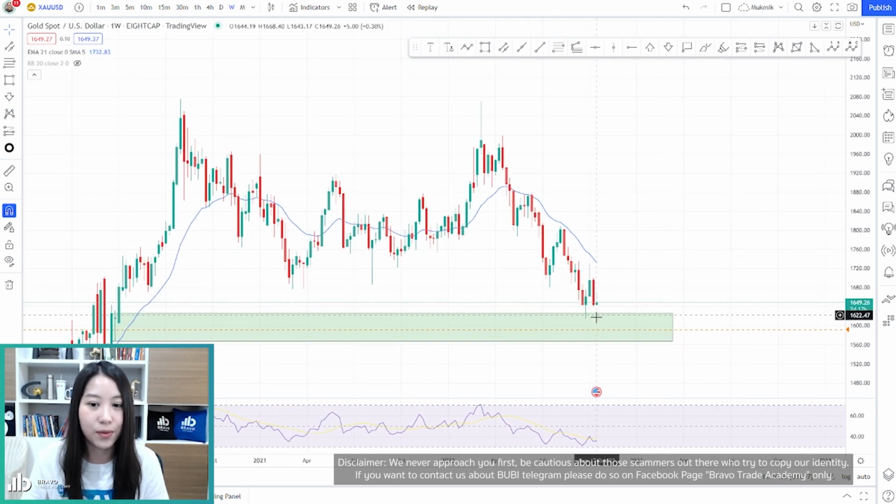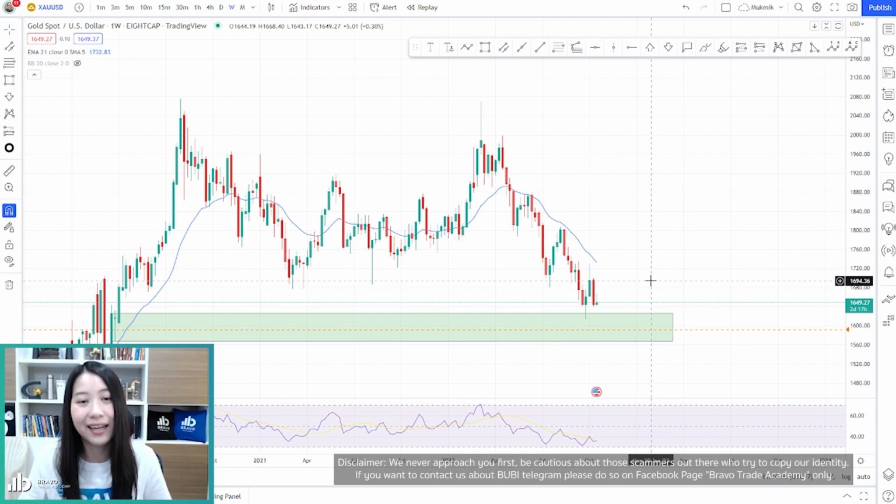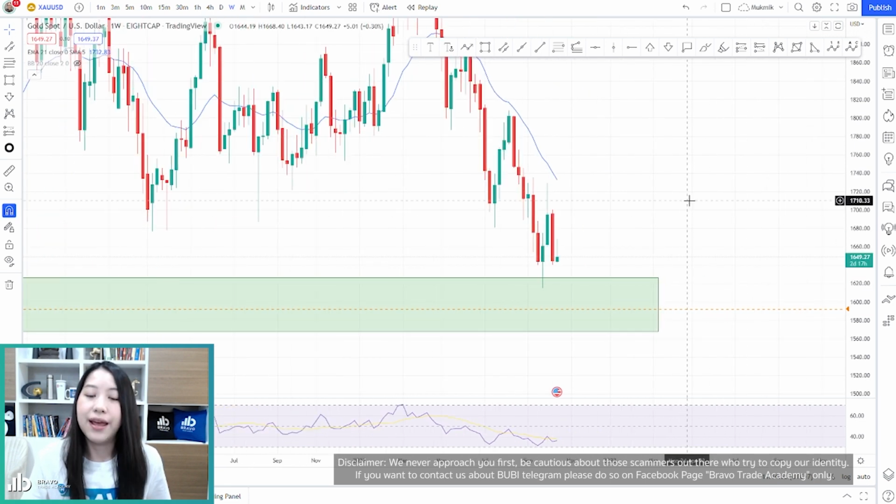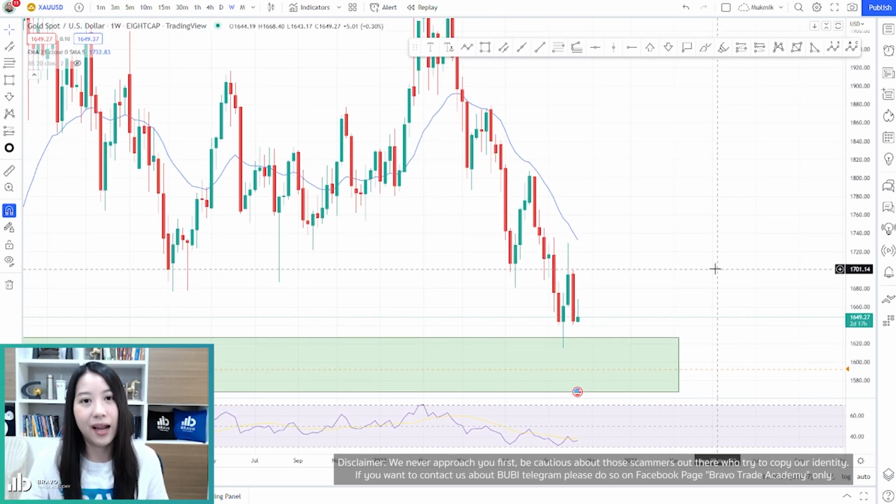That makes the price really confused, trying really hard to decide whether it should go up because of the demand zone or down because of the trend. In this picture I would say the trend is a lot stronger than the zone.